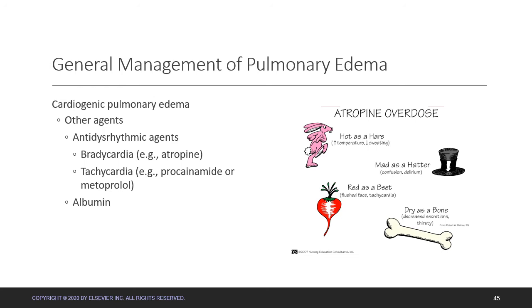Now, you have to be careful with atropine because an atropine overdose can stop your sweating, but increase your temperature, can make you confused, flushed, and dry out your secretions. So, a way to remember this is hot as a hare, mad as a hatter, red as a beet, and dry as a bone.